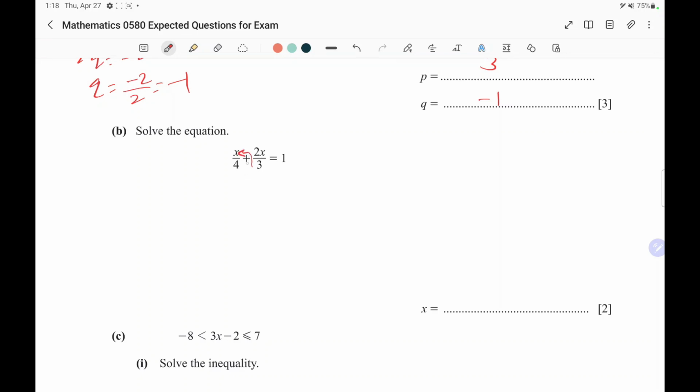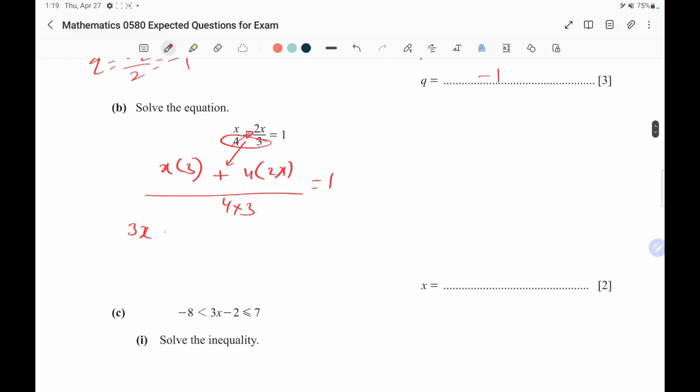So you can cross multiply like that. So x times 3, and if it is plus sign here, suppose here it is plus sign, so we have to write plus sign, and then we have to multiply 4 times 2x and divide by, just you have to multiply 4 times 3 and then equals 1.